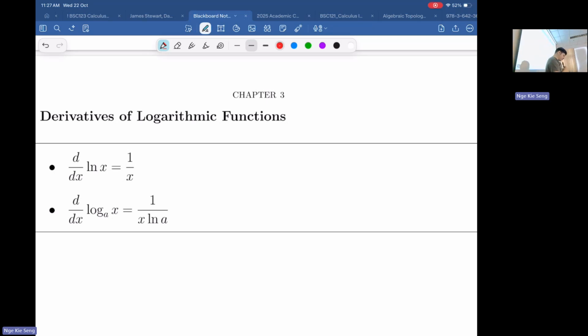Can someone notice that actually the first derivative comes from the second one? Do you know how to get the first derivative from the second one? How?